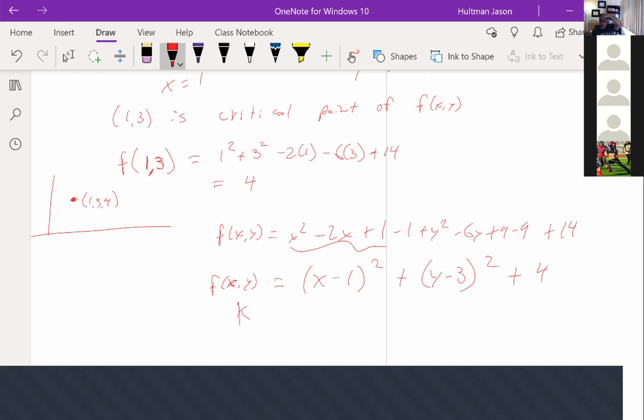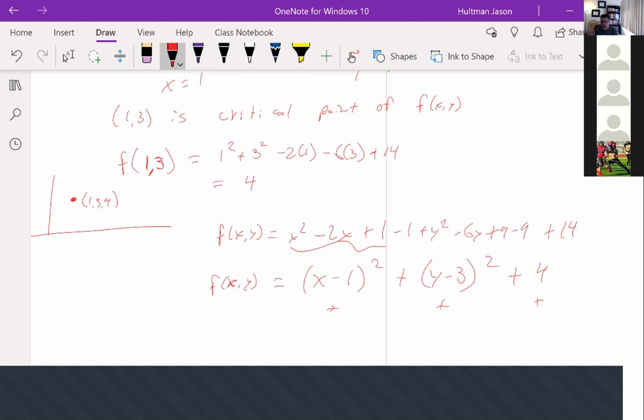If I let this equal k, my level curves are circles. And so is this going to be a maximum or minimum? Well, if I look at this, isn't anything squared positive? Anything squared is positive, correct? So this is positive, and this is positive.